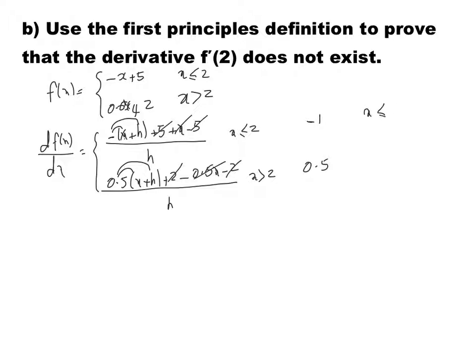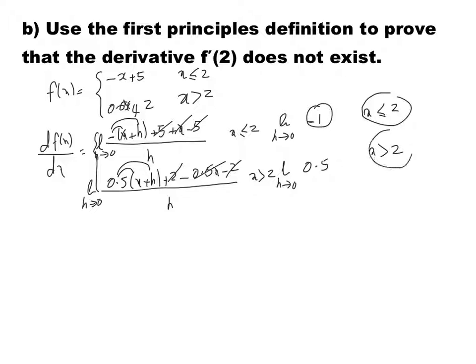For x less than or equal to 2, and x greater than 2, always the limit as h goes to 0. Since there is no h involved, the left limit at point 2 is -1, and the right limit at point 2 is 0.5. As it is apparent, the left and right limits are not equal, so the function is not differentiable at point 2.